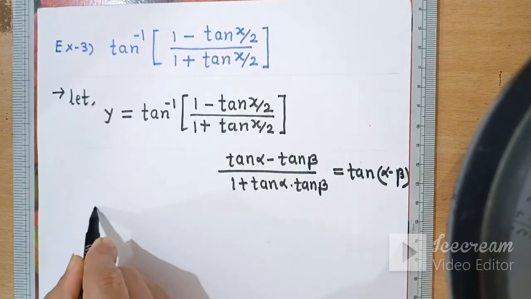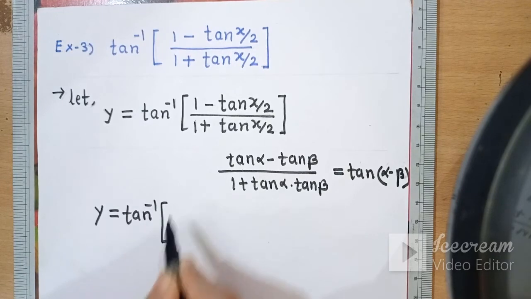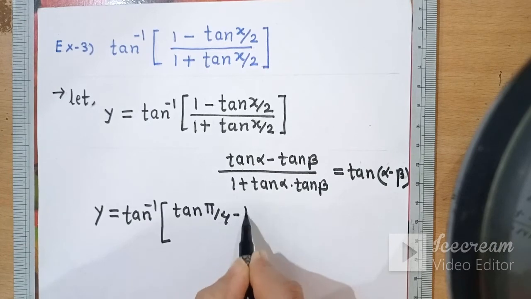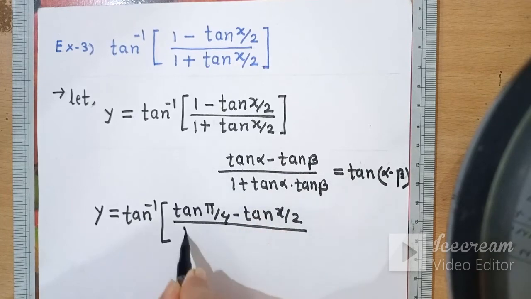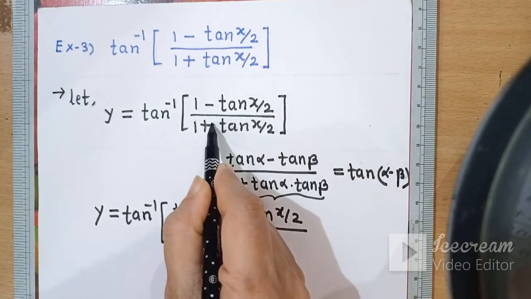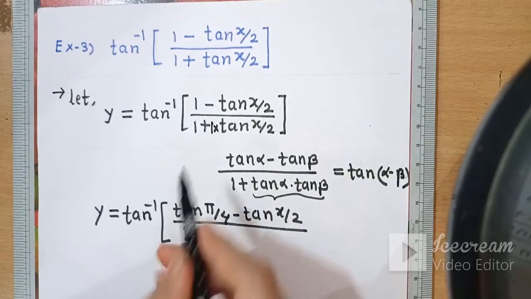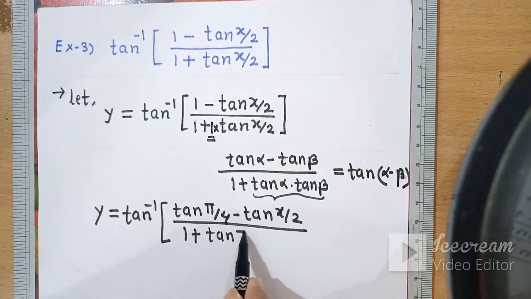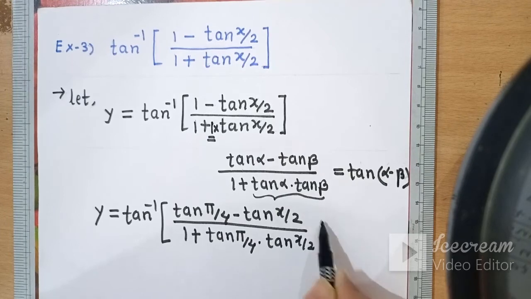So again this can be written as y is equal to tan inverse of, I am writing here tan pi by 4 minus tan of x by 2 upon 1 plus, but here there are two terms, so here I am considering tan of x by 2 as 1 into tan of x by 2, and again instead of 1 we will write tan of pi by 4 into tan of x by 2.